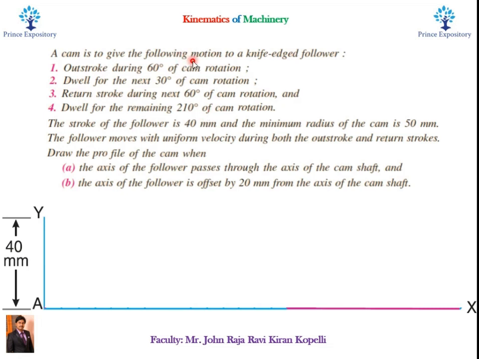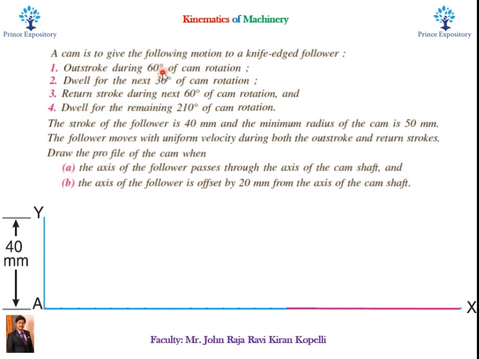What is that standard scale? Let us say 10 degrees is equal to 1 centimeter. Keeping that as a standard reference scale, we need to convert 60 degrees, 30 degrees, and of course 210 degrees into centimeters. Now after that, we have got all the dimensions in the form of centimeters for showing outstroke, dwell, return stroke, dwell.